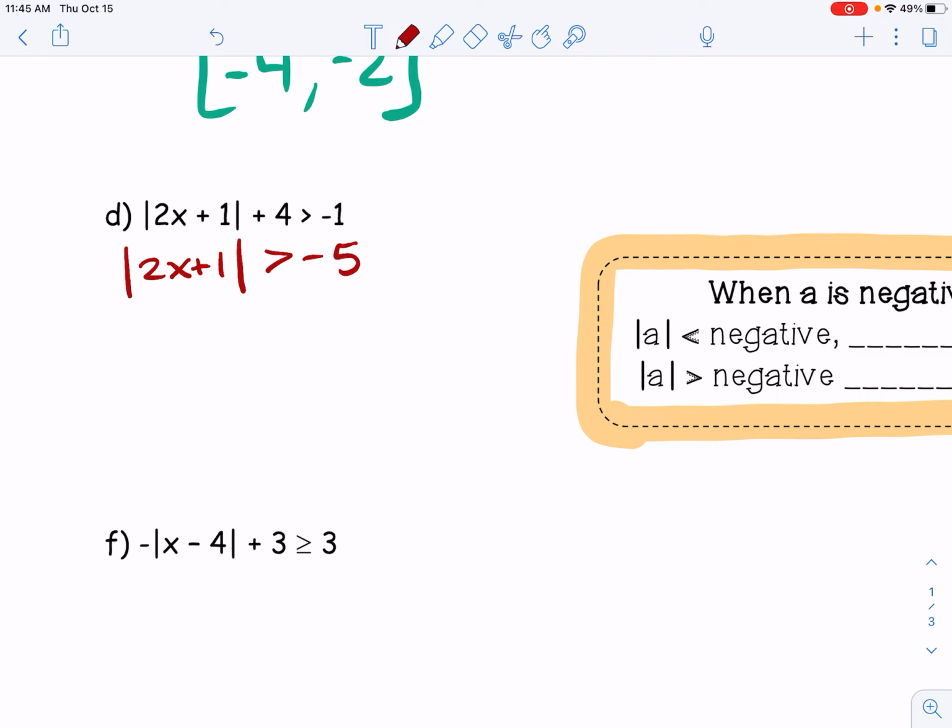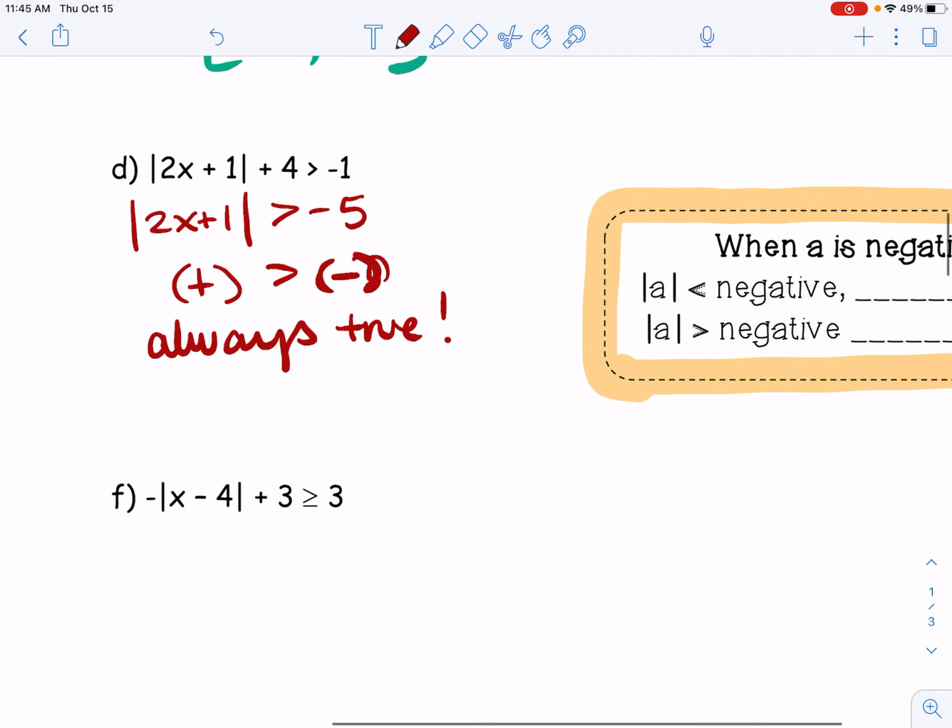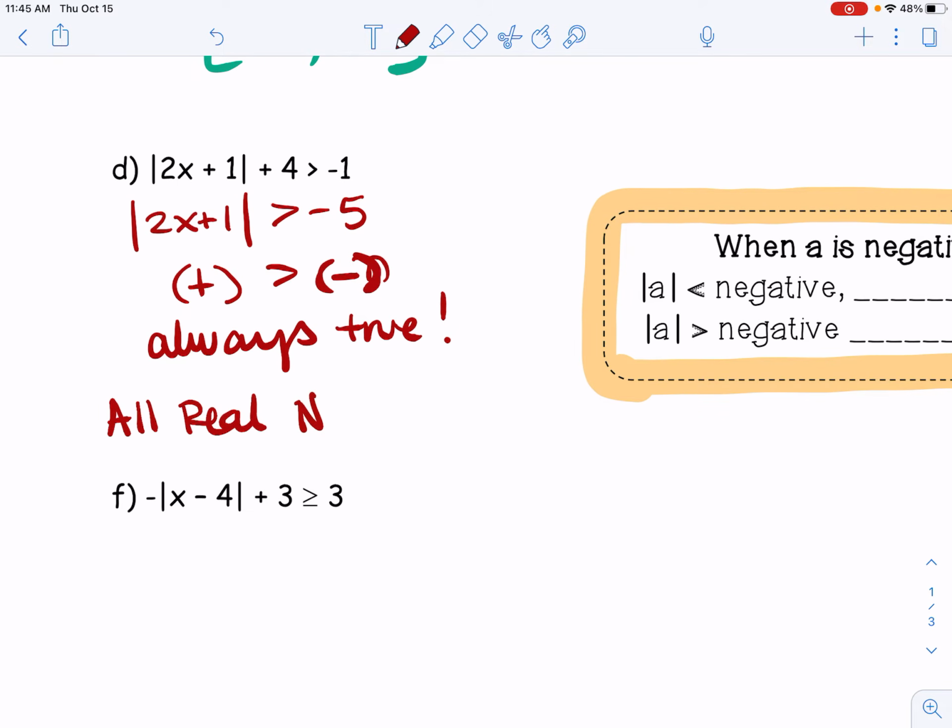Well, absolute value is always going to be positive or equal to 0, or greater than 0. So it's always going to be greater than -5. A positive will always be greater than a negative, right? So this is always true. Therefore, this is going to be all real numbers.